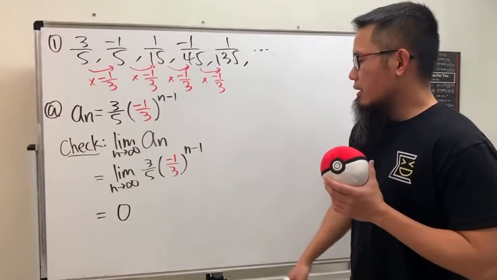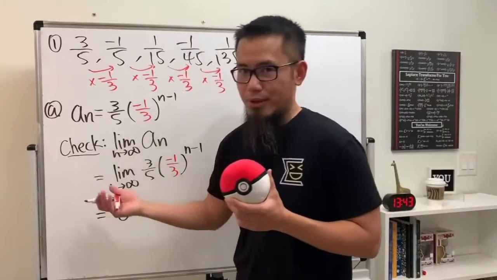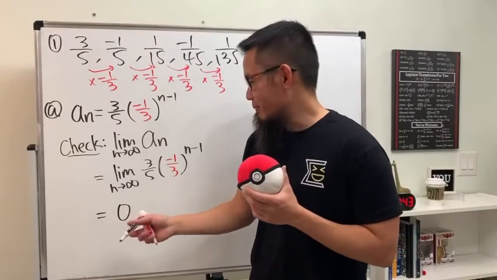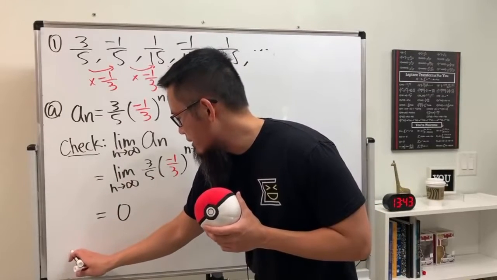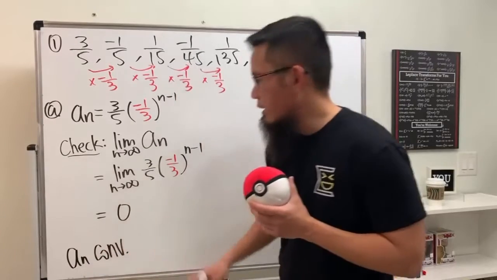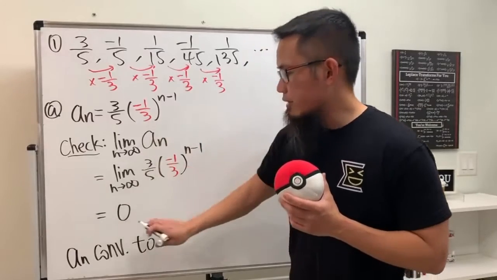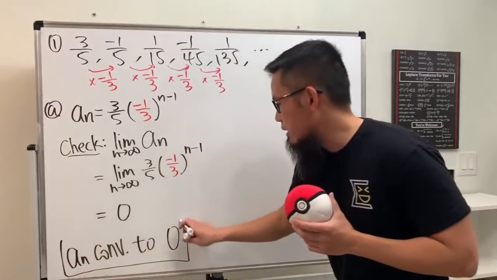So that's pretty clear. Again, it depends on how much of the work that your teacher wants you to show. All right, so this right here is 0. So therefore, the answer is that yes, a_n converges. And right here, we can actually say a_n converges to 0. So this right here will be the answer for that.